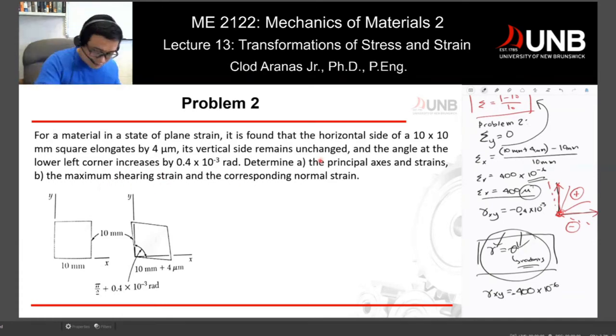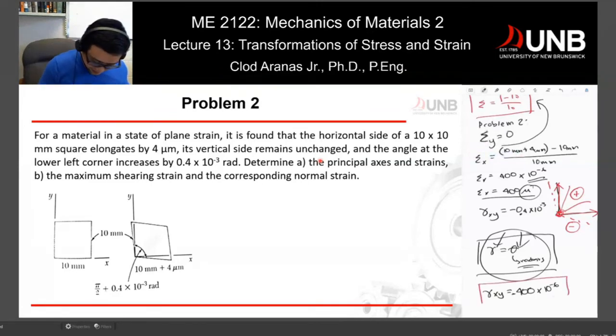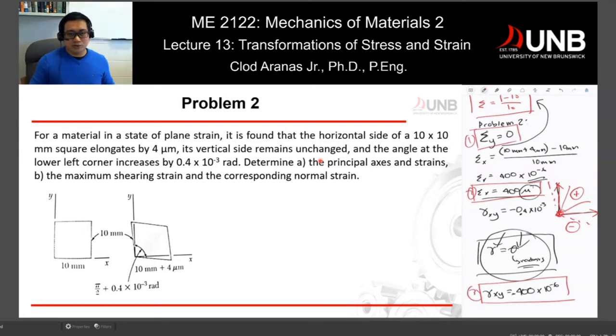Let's just highlight what those numbers are. We have this value here, this x here, and we have y equal to 0. So we have 1, 2, and 3. Those numbers will be used inside your transformation equations. Question at this point?